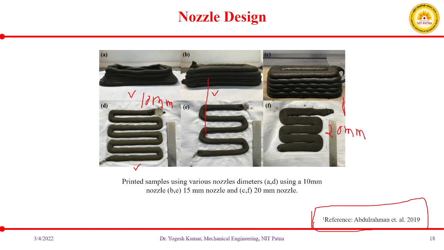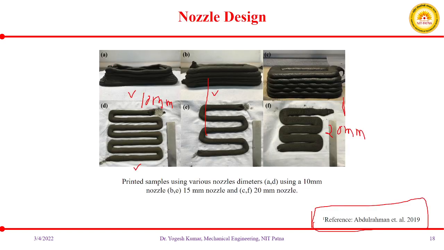So we can see here the nozzle diameter is an important parameter because ultimately it is going to decide the shape and size, or the quality, of your product which is printed through your FDM printer.